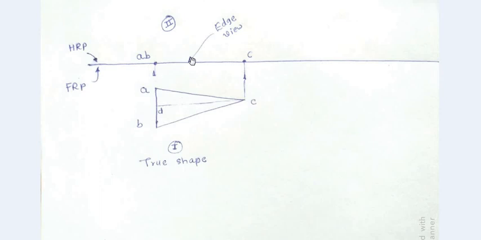Now in all earlier problems, our third step was to complete the condition with respect to HRP. And the condition with respect to HRP we had drawn as the third step at this location.